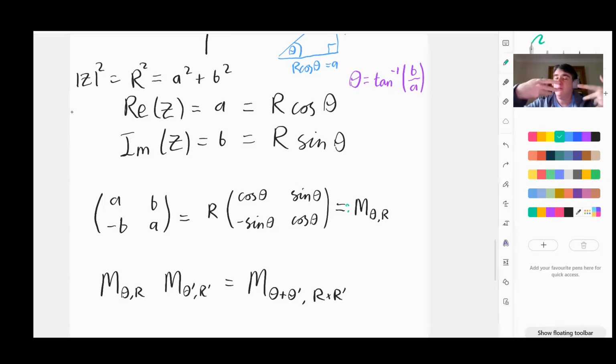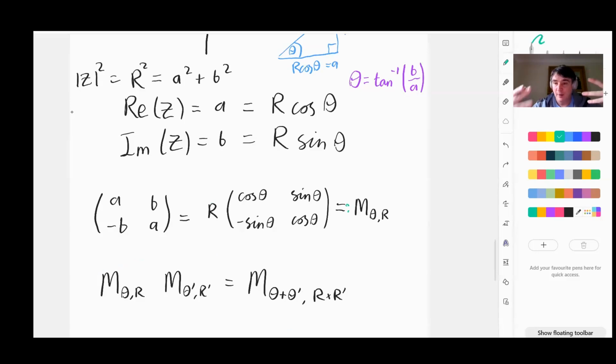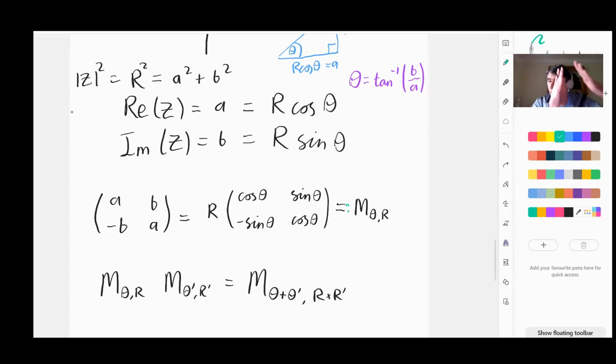If you're expressing these complex numbers in terms of r and theta, then you just add the angles together of your two complex numbers, and then you multiply together these r values here. So this is the magical formula, which is telling us how we can multiply complex numbers. It's also telling us how we can multiply these matrices here, because that's basically the same thing.